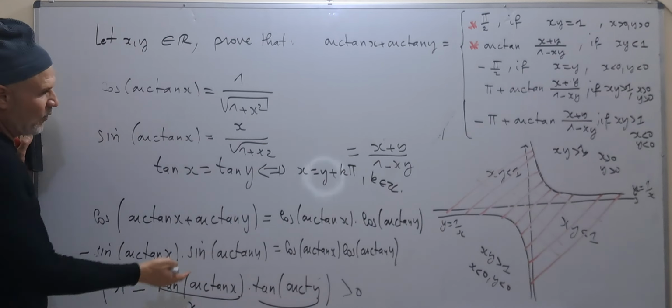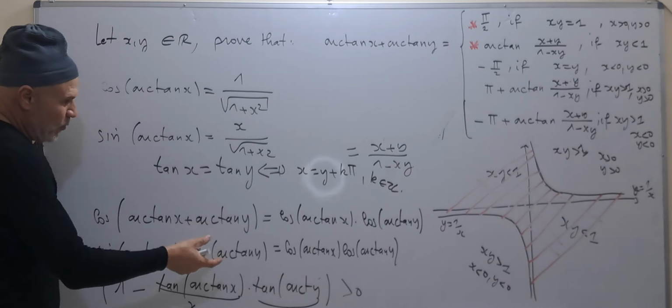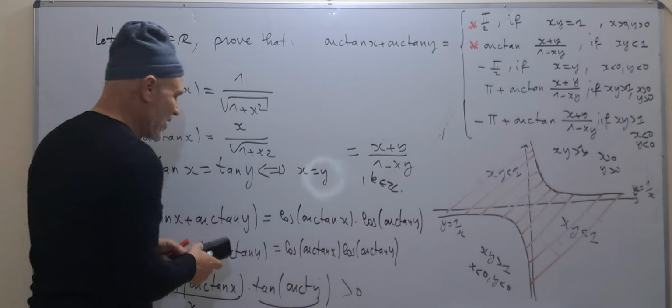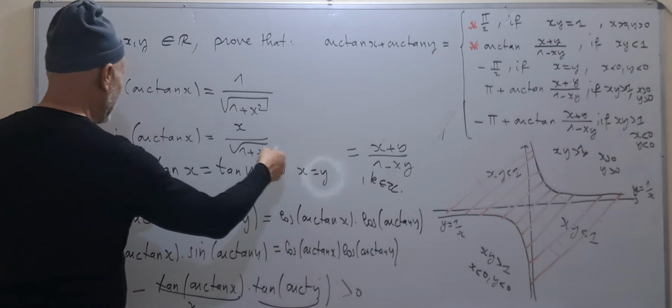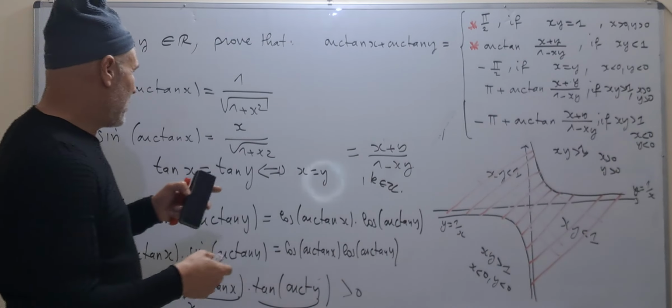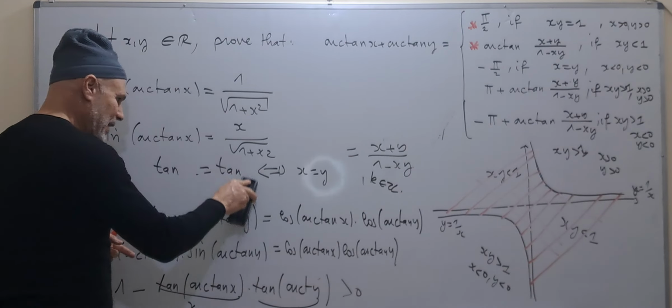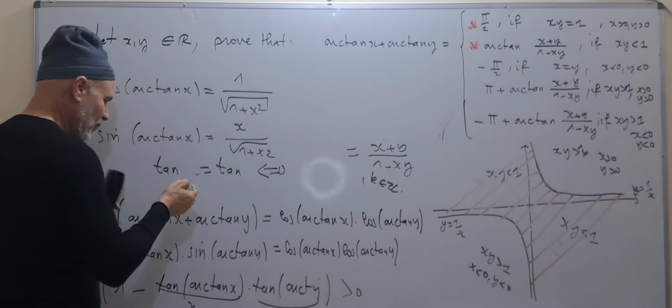Since we proved that the cosine is positive, this means that k is equal to 0, which means that x is equal to y. This proves this, for this I mean alpha and beta, not the same y.